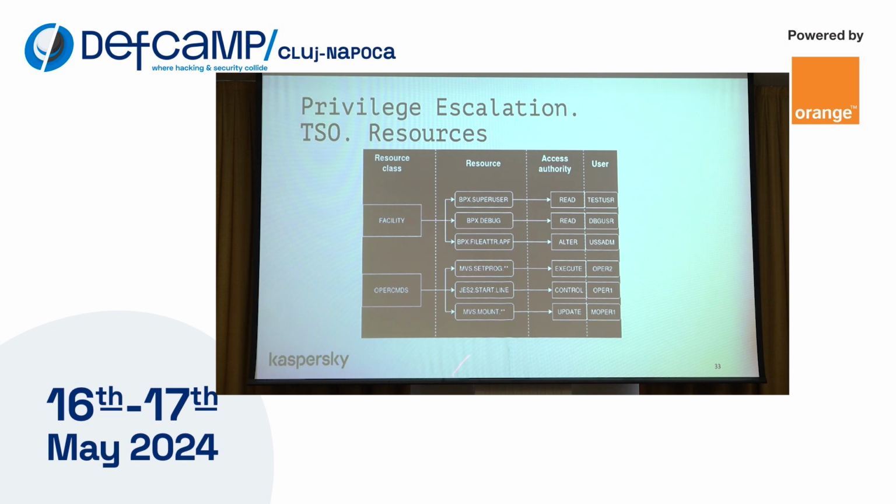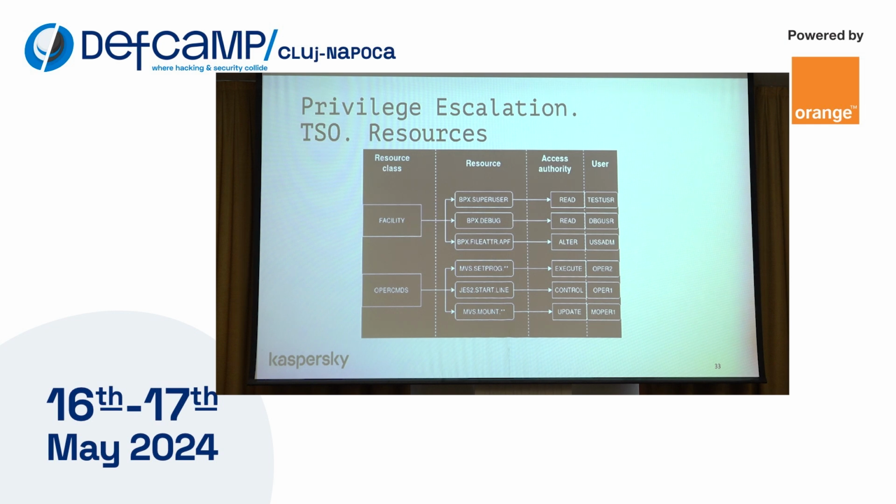For example, BPX.FILEATTR.APF allows a user to set the APF flag on some data set. Also, any resource may contain a list of access authorities for some users. Access authority defines some access right.